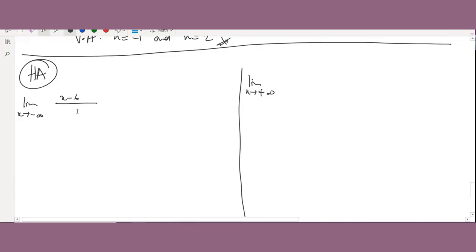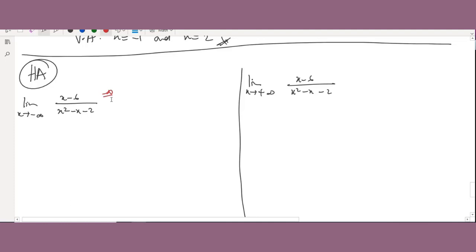For horizontal, better expand. If you do it in brackets, you have to check. Expand, and then substitute directly.